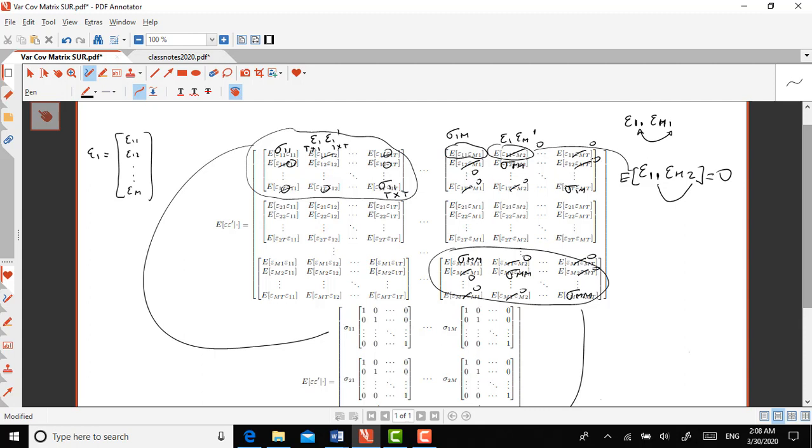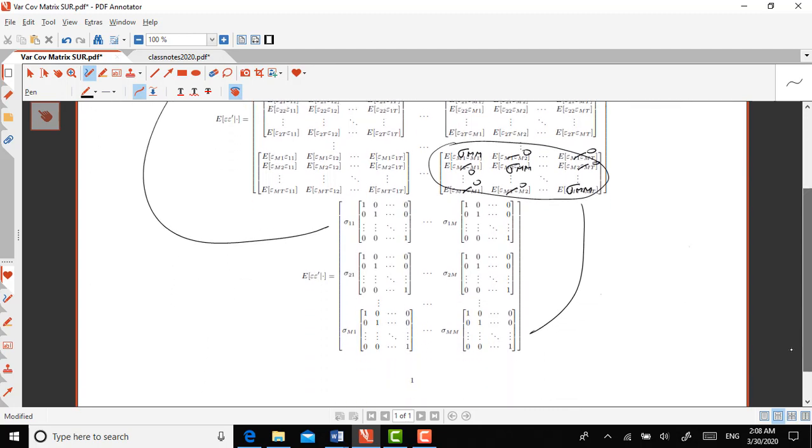Okay, so this is the key assumption of SUR, and I want you to be thinking about it a little bit further. Because if we go through all these little matrices, basically what we end up with is this block diagonal type of variance covariance matrix for the errors of all of the equations.